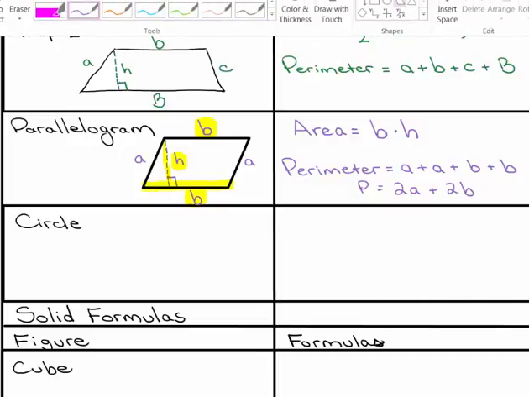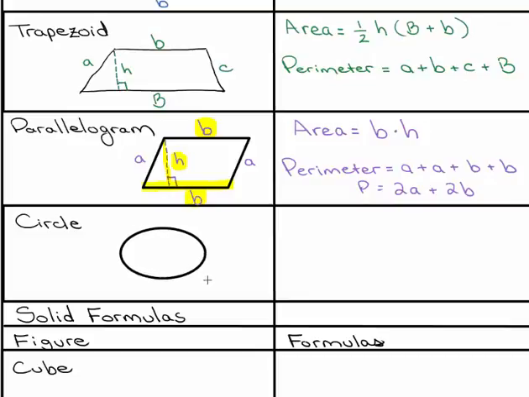Circle. I think I got a circle right here I can use. How's that? That looks pretty good. Okay. So for the circle, we need a center. So that's going to be my center of my circle. If we go from the center out to any point on the circle, that's going to represent our radius.